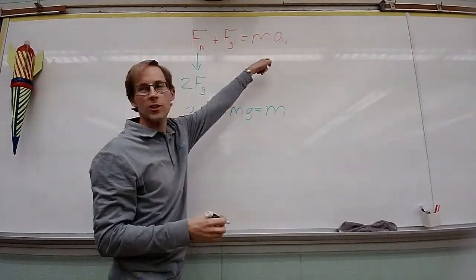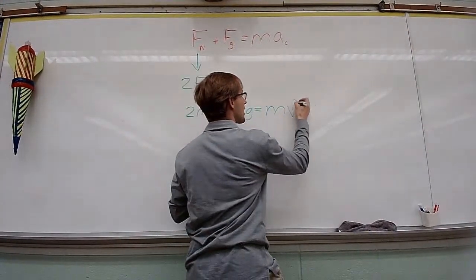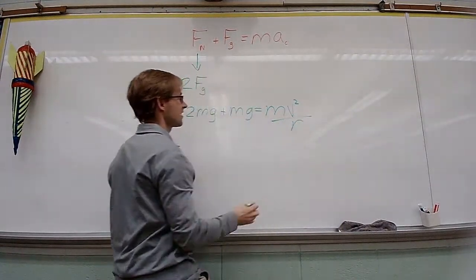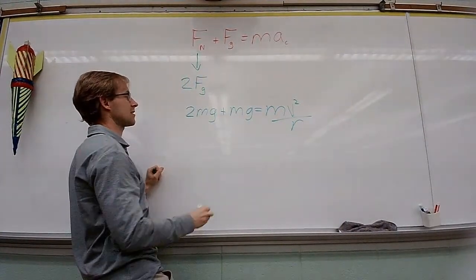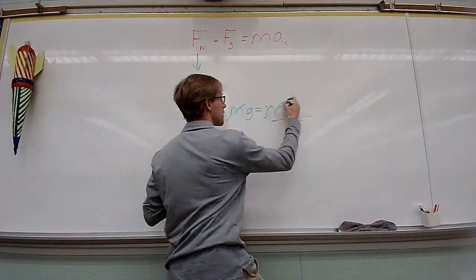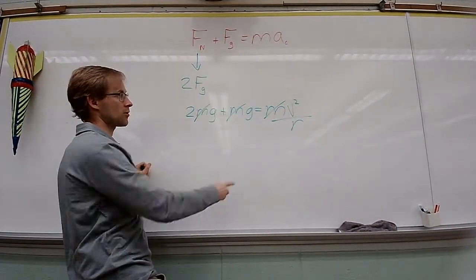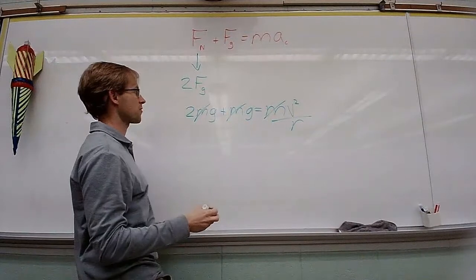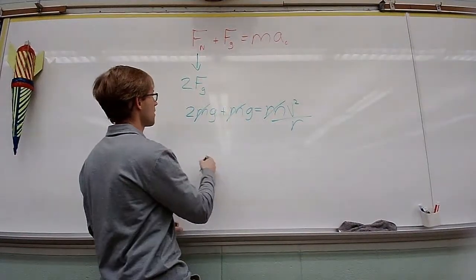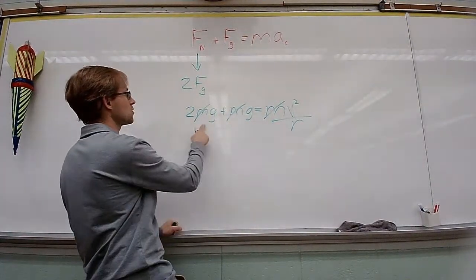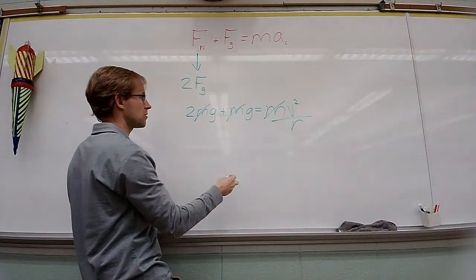and centripetal acceleration, remember, that's v squared over r. So if you want to figure out the velocity, the first thing you can do is get rid of the masses and then multiply both sides by the radius there. So 2g plus g is equal to 3g.